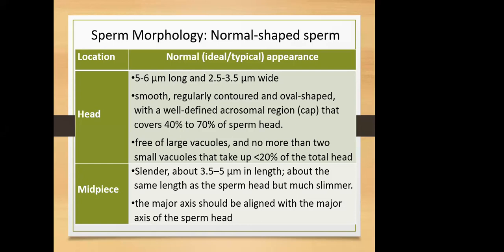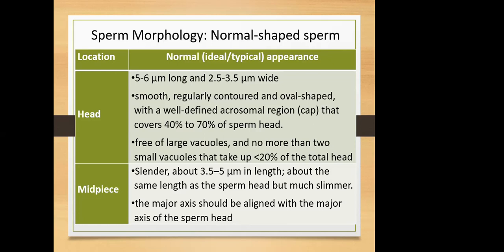All right. And the major axis of the midpiece should be aligned with the major axis of the sperm head. What it means is that if you have the head, its axis, I'm sure you know the axis, from top to down, let's say the down part of the head. Now the midpiece, the upper part should also fit exactly with the lower part of the head. I hope that you are following it.